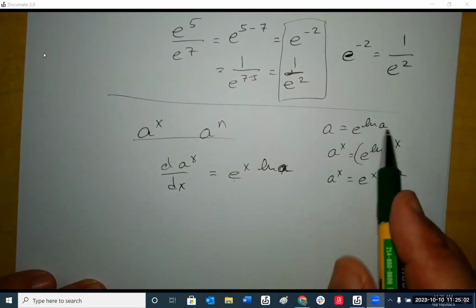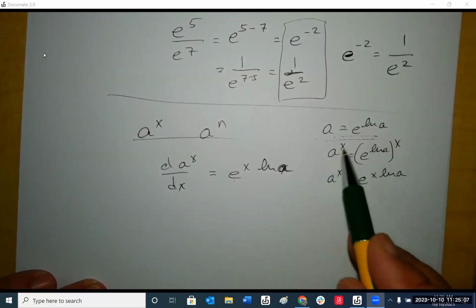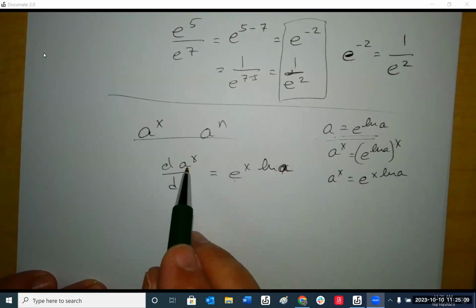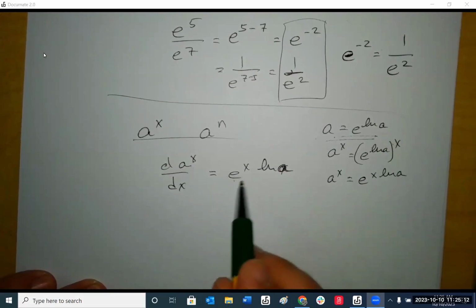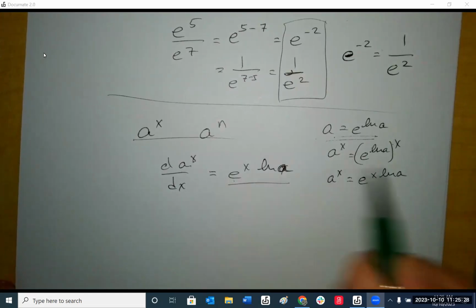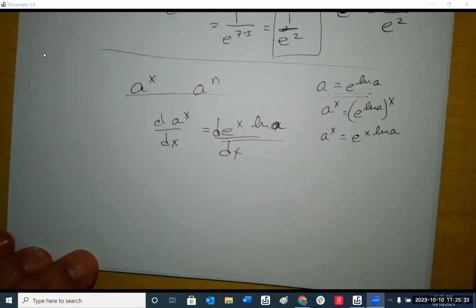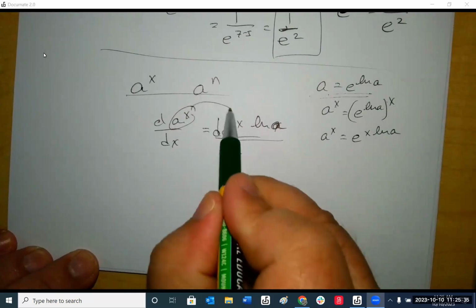Yeah, right, there you go. That's a given. We just rewrote a to the x as that.